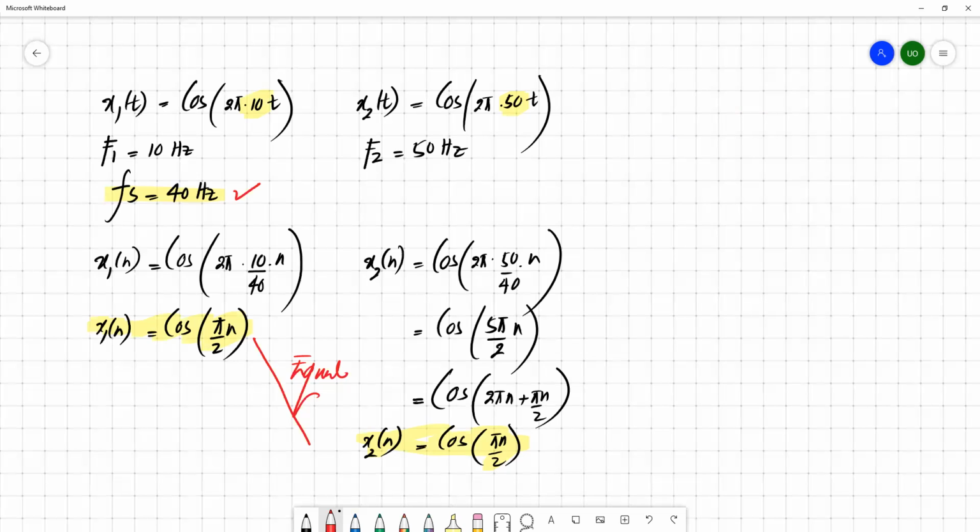So these two frequencies, 10 hertz and 50 hertz, are mapped to a single discrete frequency if you select 40 hertz as the sampling frequency.